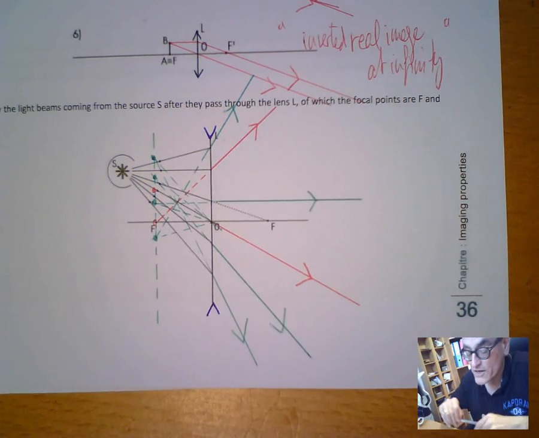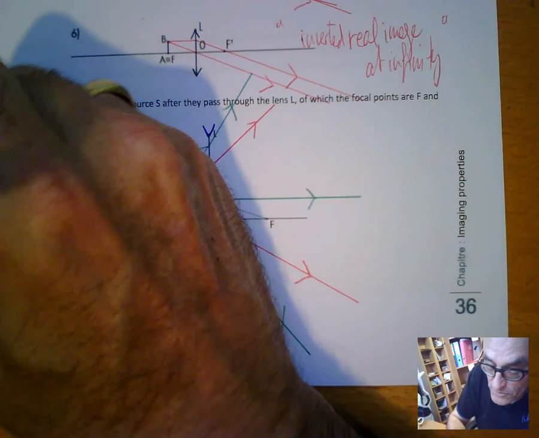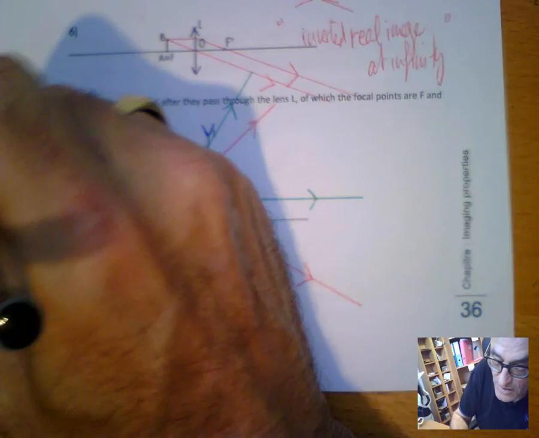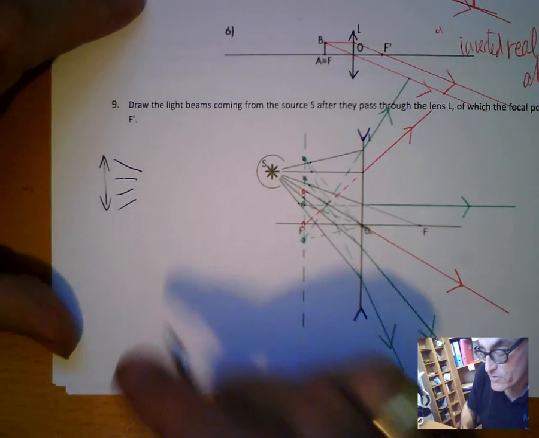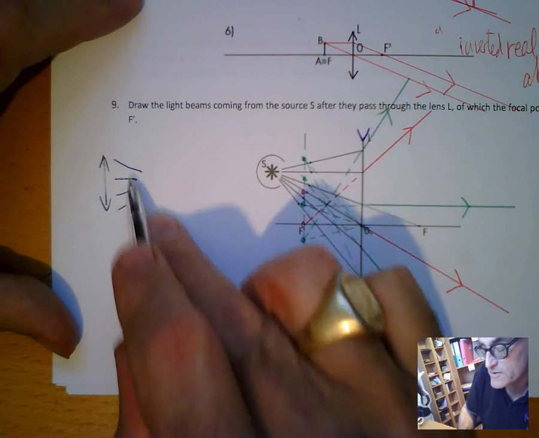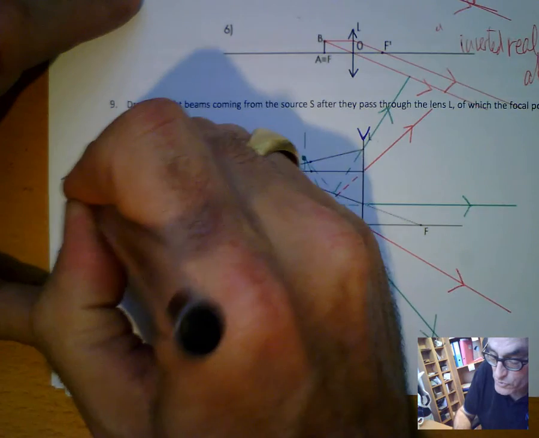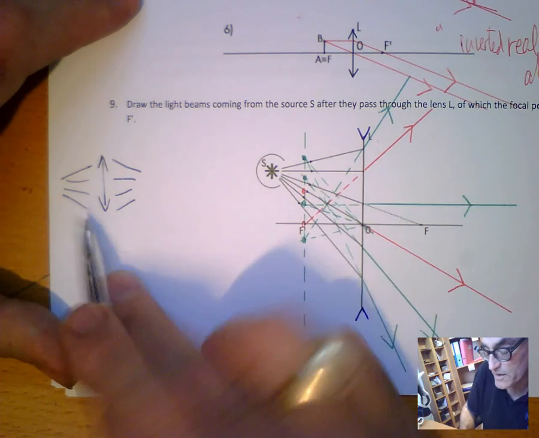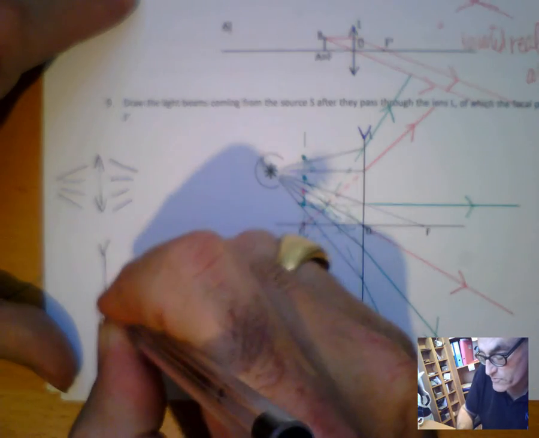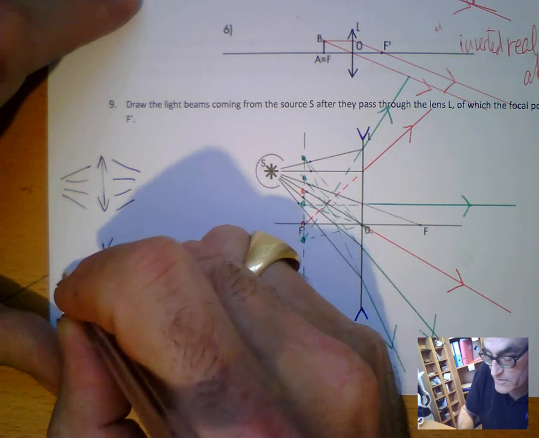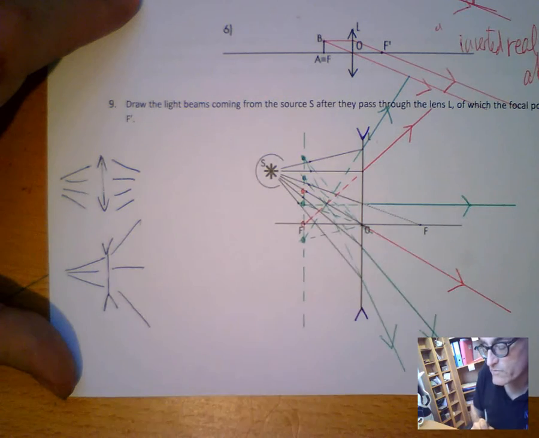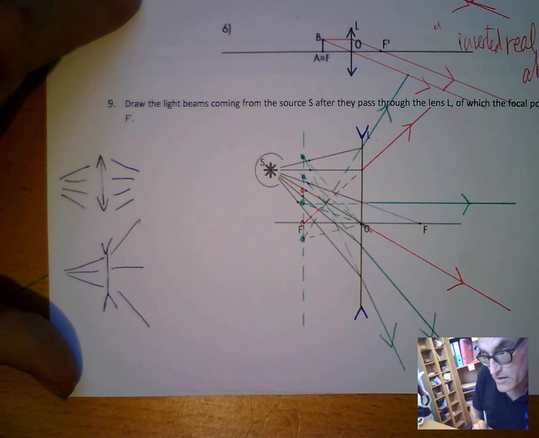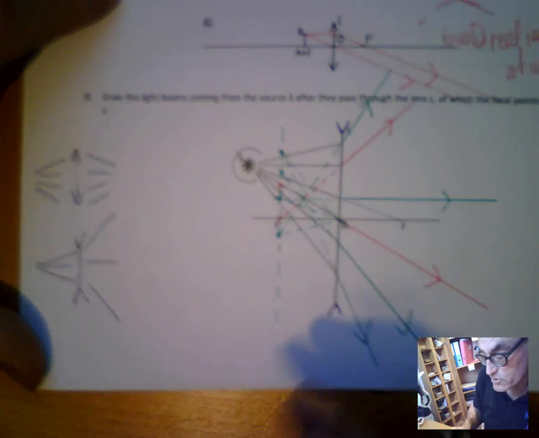If you have a convergent lens, your light rays after the lens should converge, at least they should converge more than the rays which came in. And if you have a divergent lens and you have light rays which come in already diverging a bit, they will diverge more after the lens. Okay? You have to have this intuition to check your drawings.